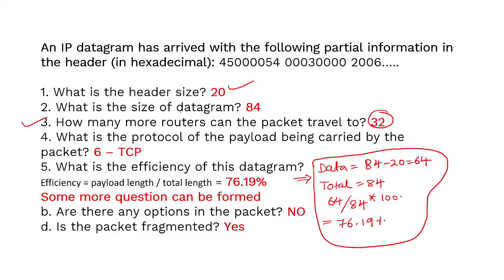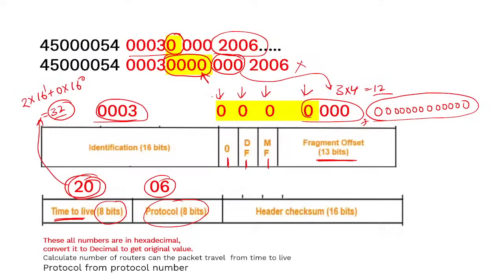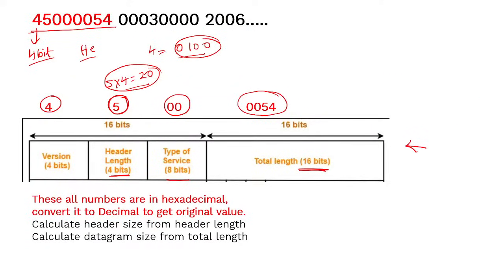In between, the datagram size was the requirement. You can calculate the datagram size from the total length. Total length was 54, which means 5 multiplied by 16 to the power 1 plus 4 multiplied by 16 to the power 0, that is 80 plus 4, that is 84.